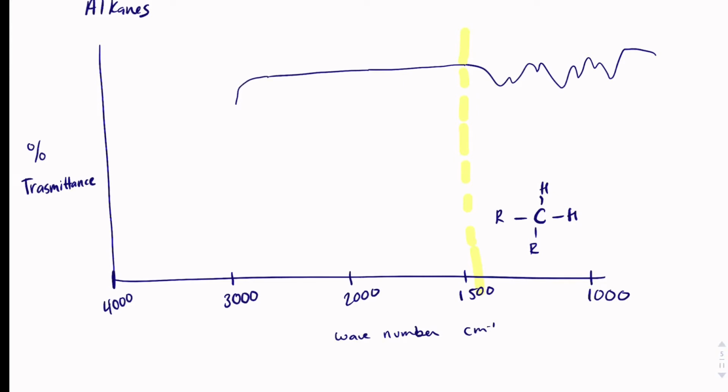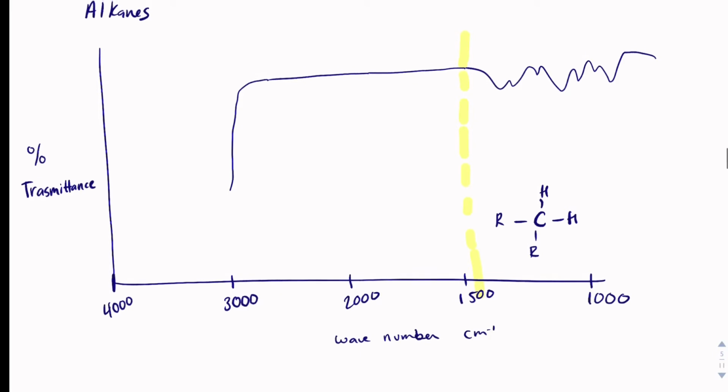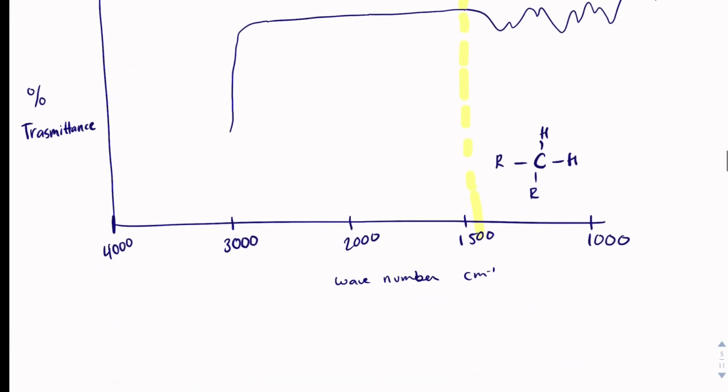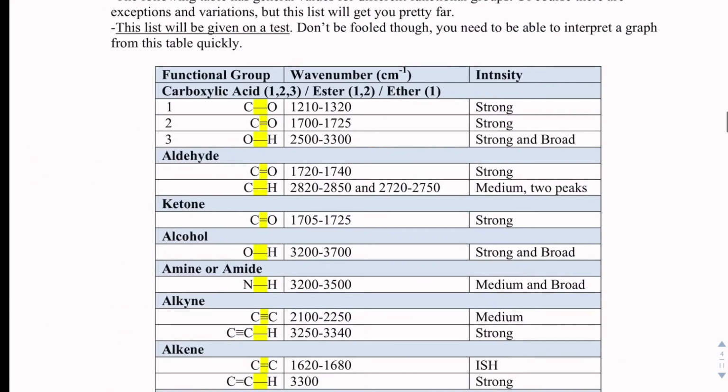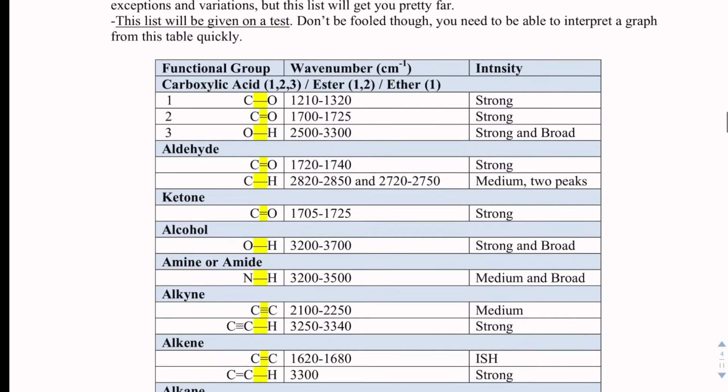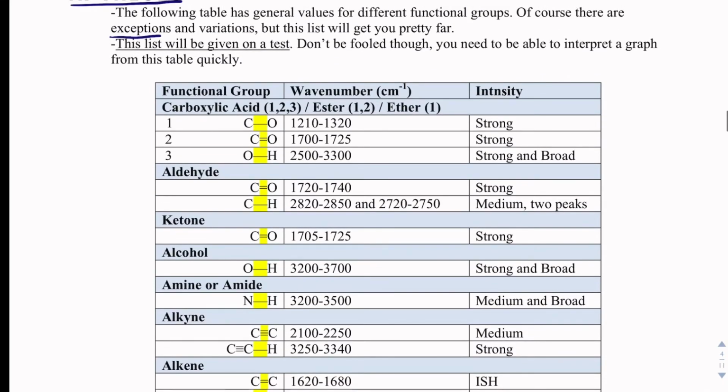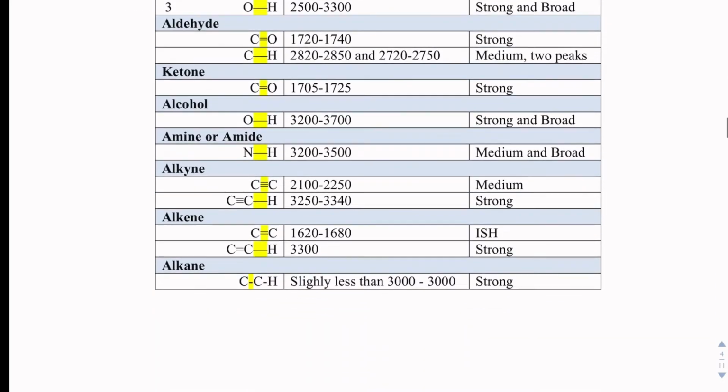But typically at around 2900, if you read your chart here, it might have the specific number range. These are all very rough, so there's going to be plenty of variation and exceptions. These are guidelines, not set-in-stone numbers.